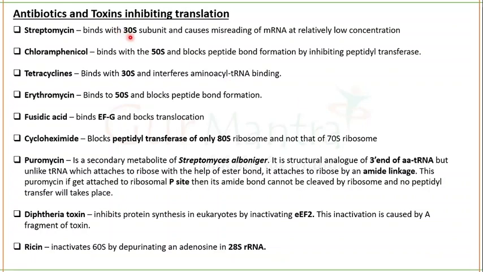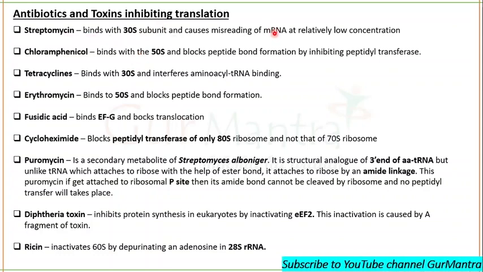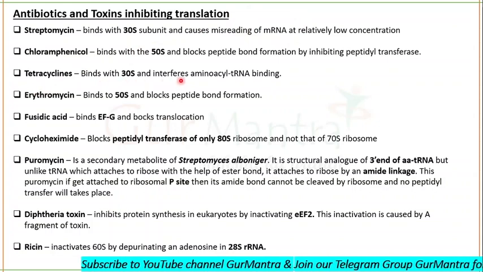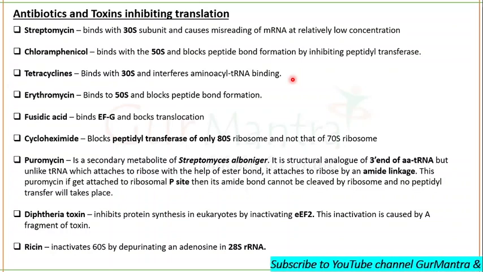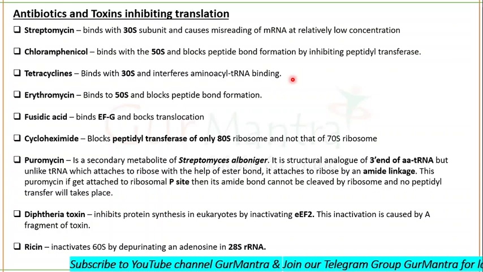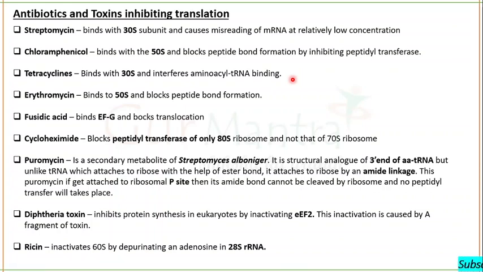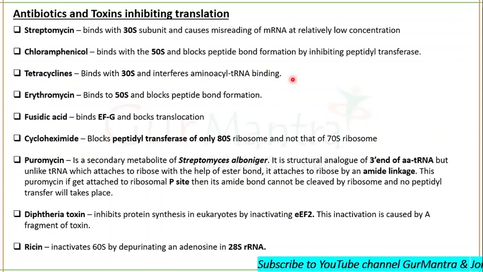Both of these bind to the 30S subunit, but streptomycin is going to cause the misreading of mRNA, but tetracycline will interfere with the aminoacyl tRNA binding. If the ribosome is not reading the mRNA properly, or if the aminoacyl tRNA is not binding properly, then protein synthesis will be affected. It may be inhibited.